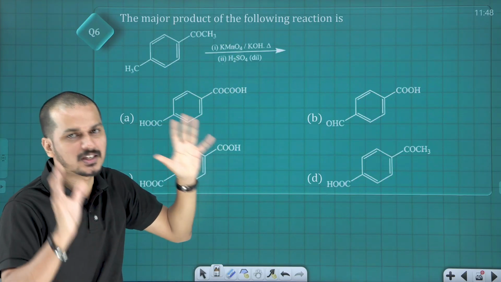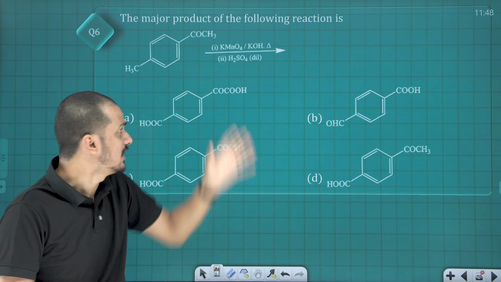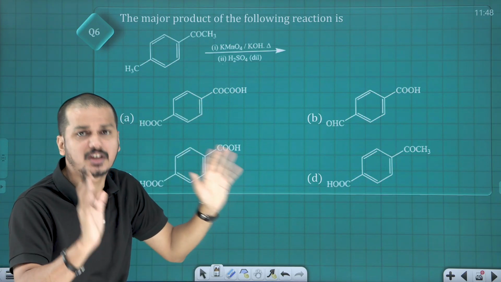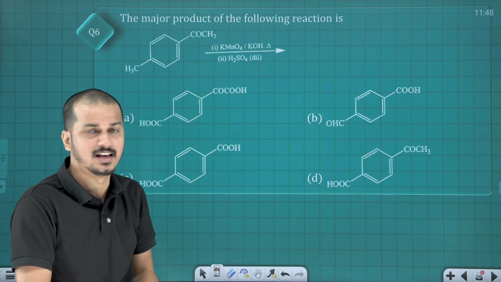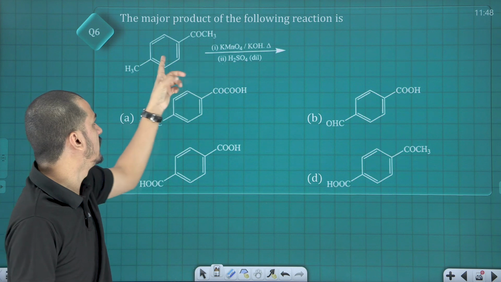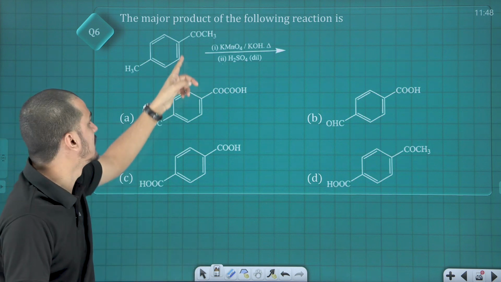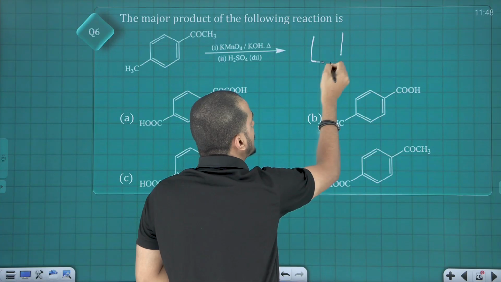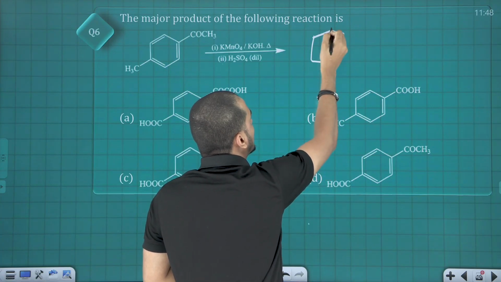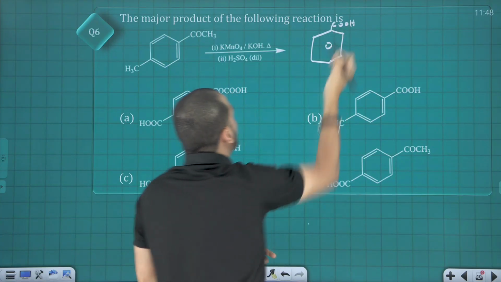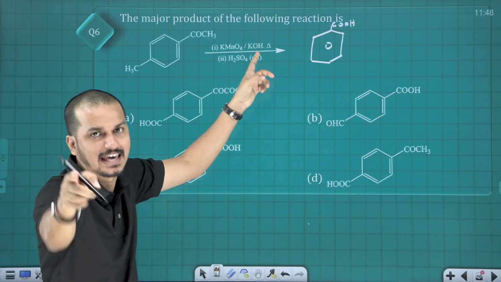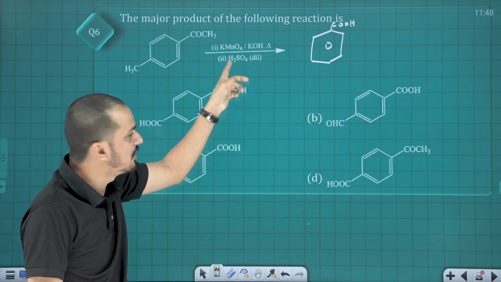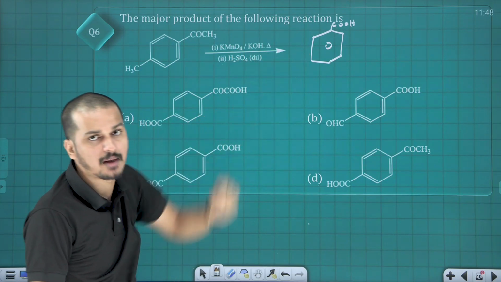Alkaline KMnO4 is the strongest oxidizing agent, so the ketone portion will be oxidized to carboxylic acid. First it becomes COOK, then you hydrolyze, and automatically it becomes carboxylic acid.